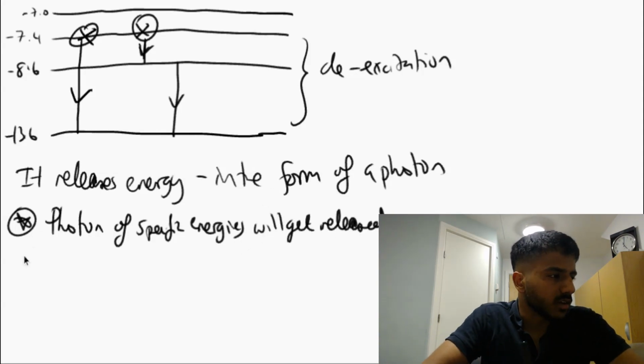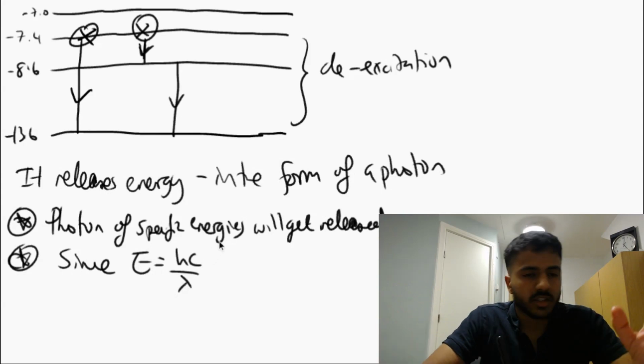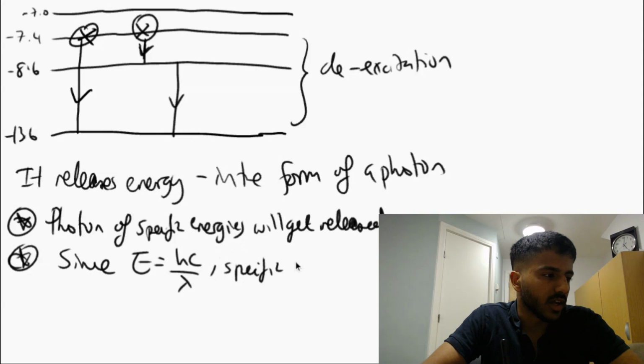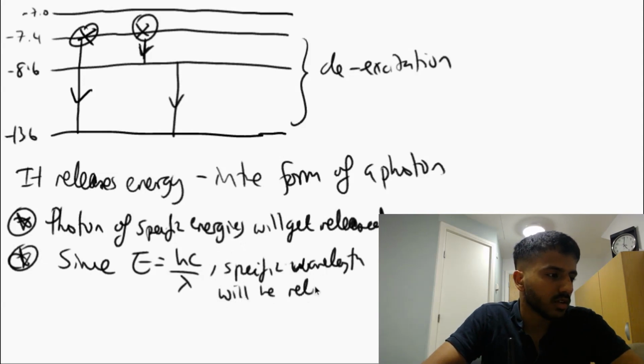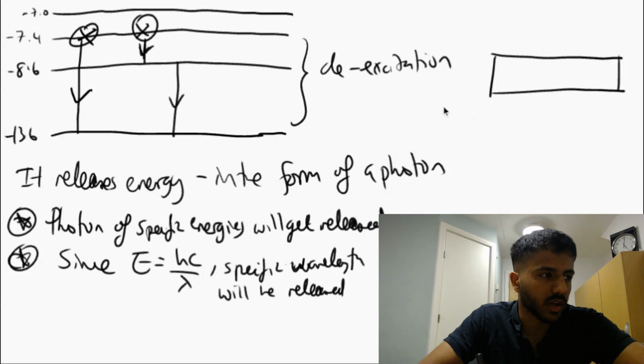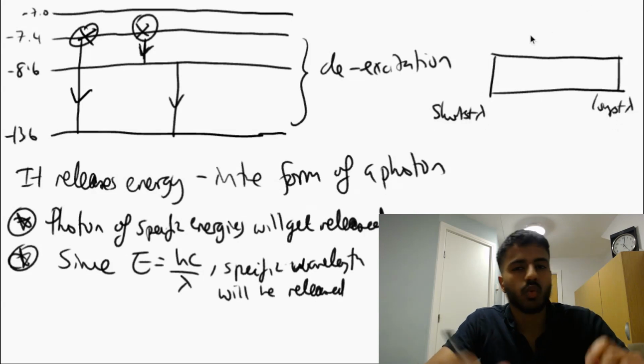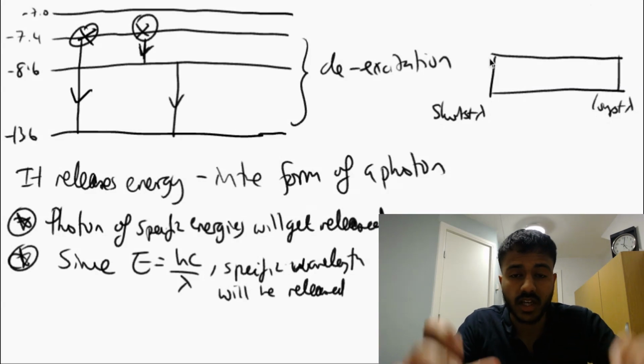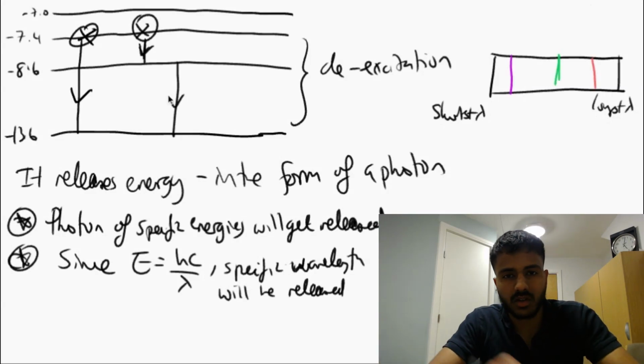And once again, since the energy of the photon is related to the wavelength by E is equal to hc over lambda, if a specific energy of photon is released, a specific wavelength will also be released. So if I put a screen here, and again this screen shows a range of wavelengths from shortest wavelength to longest wavelength, what I'm going to see on this blank screen is colored lines, and it may look something like that.